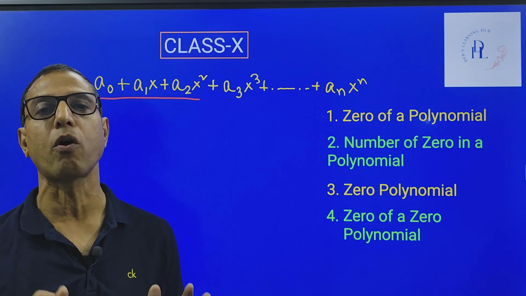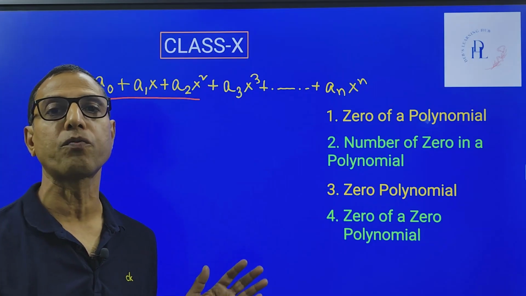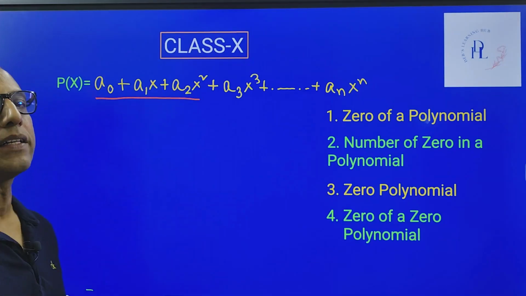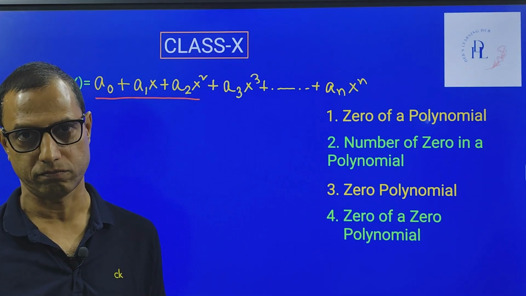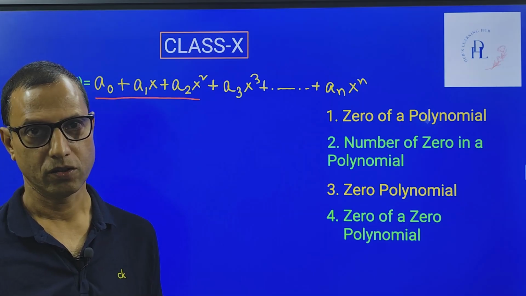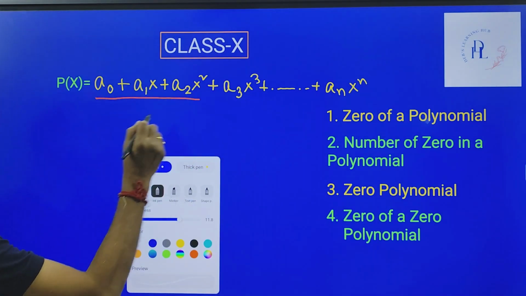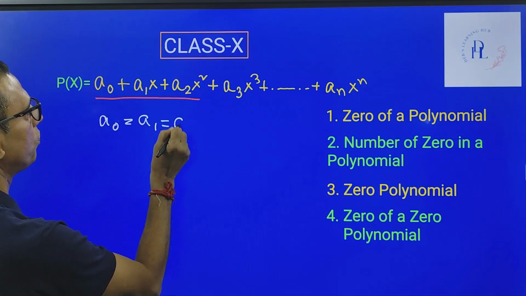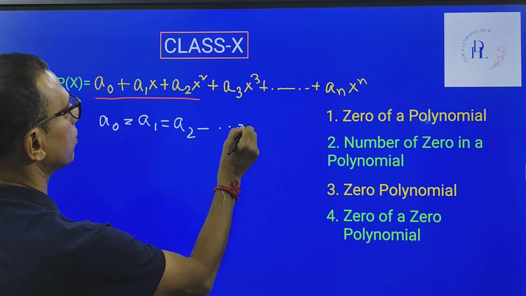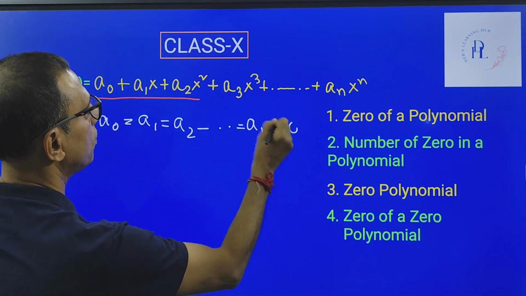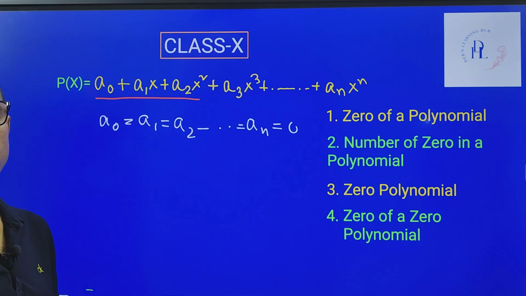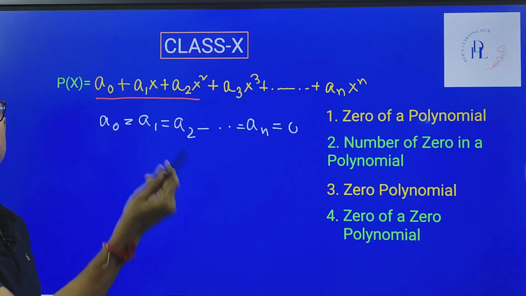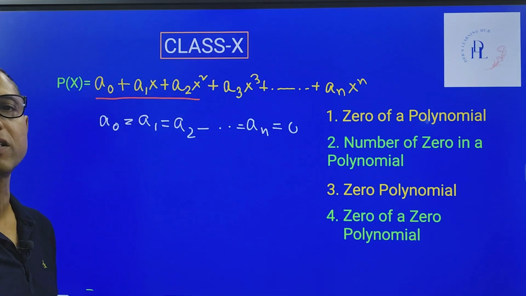So the polynomial is 0 because all the coefficients are 0, and the entire polynomial is a constant term. Here in a polynomial, if a0 equals a1 equals a2 up to an equals 0, that means if all the coefficients in a polynomial are 0, anything times 0 means 0. The entire polynomial will be 0.